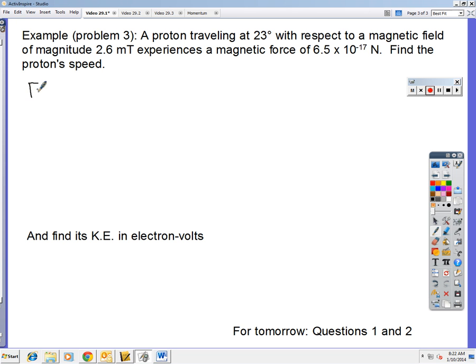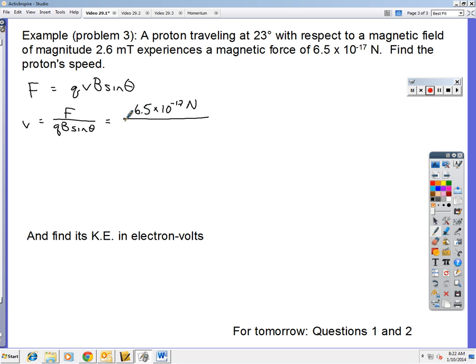So for the magnitude of the force, we use F equals qvB sine theta. And we're looking for v, so that's F over qB sine theta. And we're told that the force is 6.5 times 10 to the negative 17 newtons.